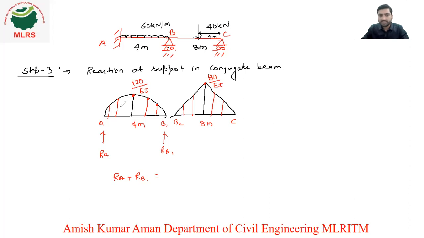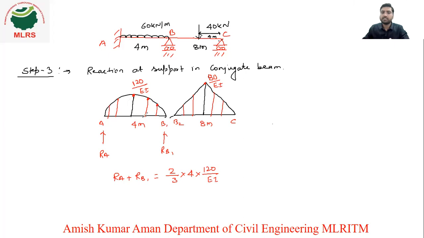Whatever the area under this curve AB1 is, that is the total load on this span. What type of figure is this? A parabola. So what is the area? Just 2 by 3 into this 4 into the maximum height, that is 120 upon EI. This is the area of this span in this curve, right?